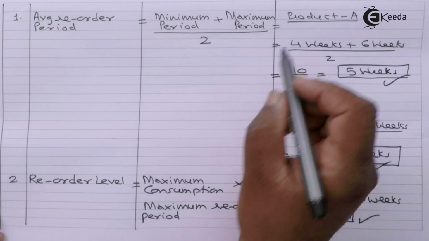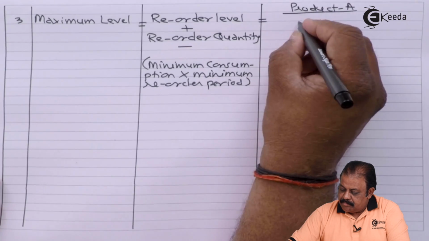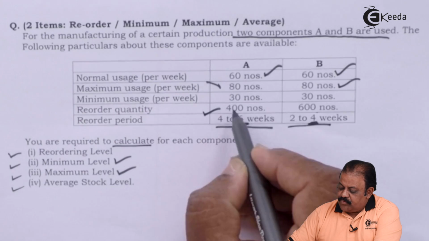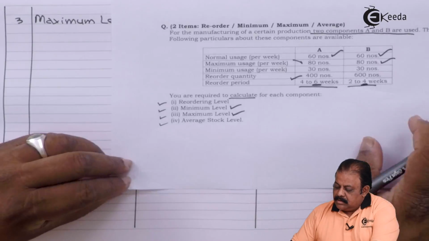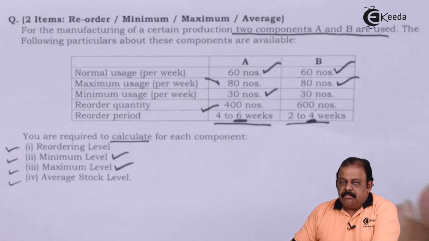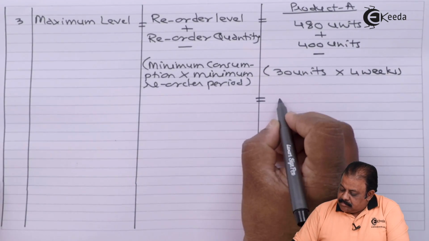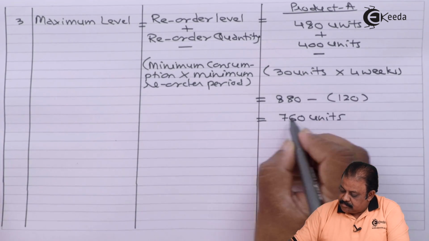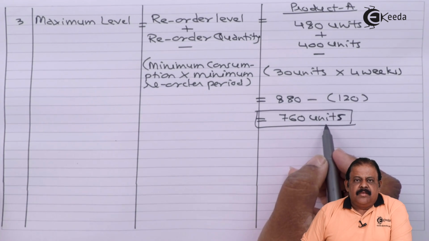In case of product A, reorder level is 480 units. Reorder quantity in case of A, 400 units, minus minimum consumption 30 units, minimum reorder period 4 weeks. So in case of product A, 760 units will be the maximum level.